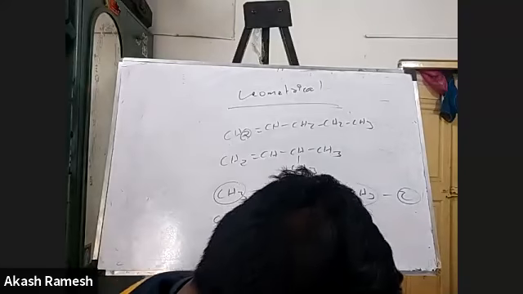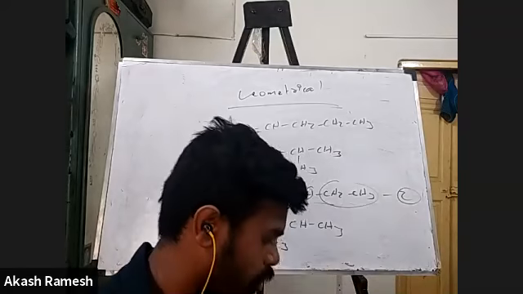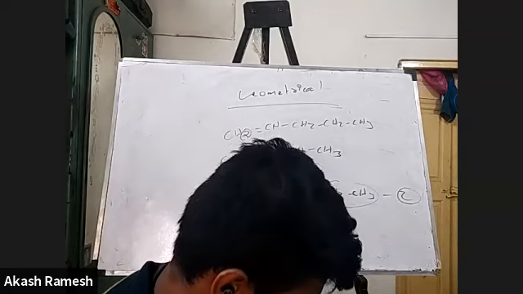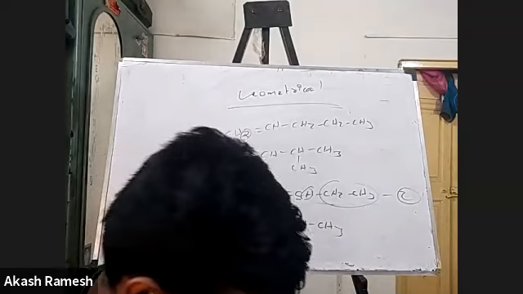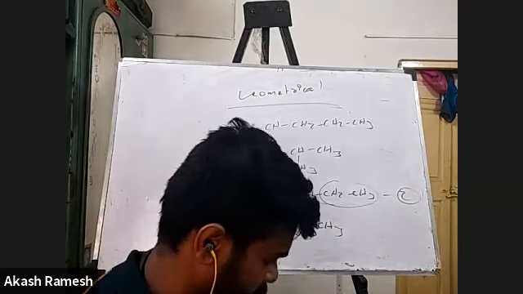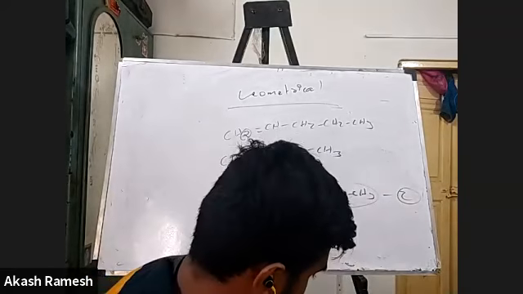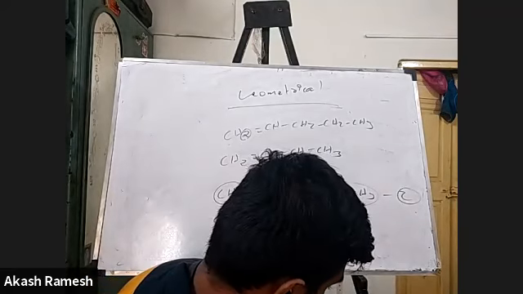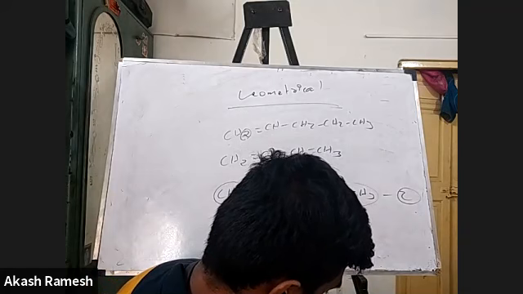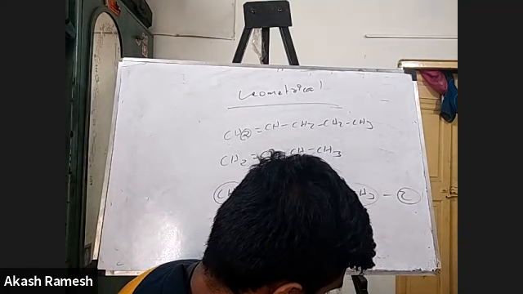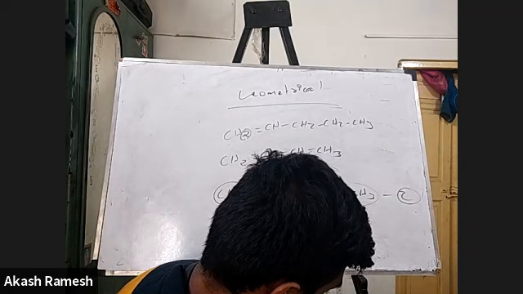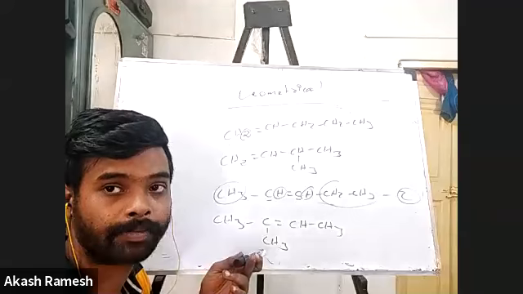Okay, cool. Now let me ask you this question. Let me see if you can answer. Can you explain again how we get 5 isomers? So the structures, no problem.